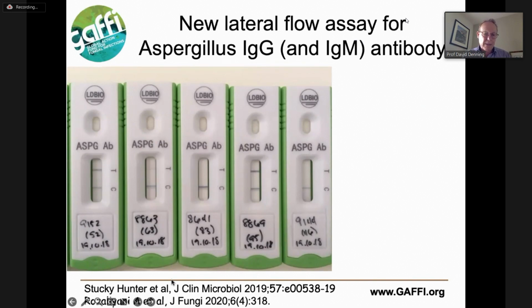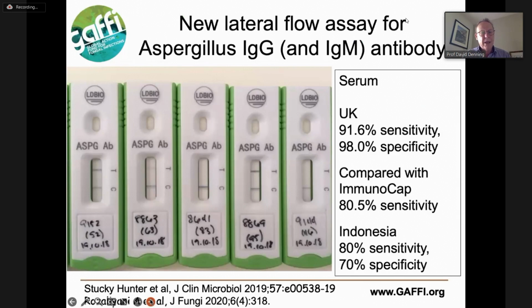And these are some examples. In the UK, this really performed pretty well, using blood donors as the group for looking at specificity. And it actually had a better performance than Immunocap, in fact. So many labs in Britain probably should be running this alongside Immunocap if they suspect chronic pulmonary aspergillosis.